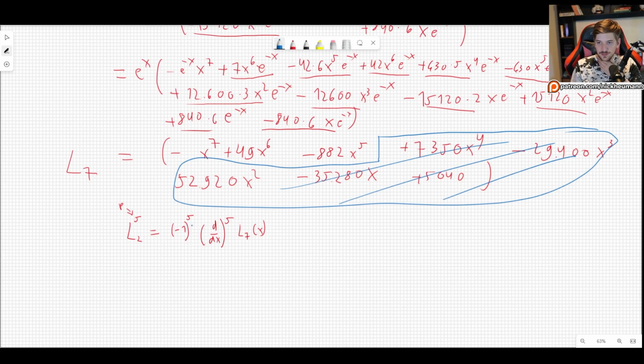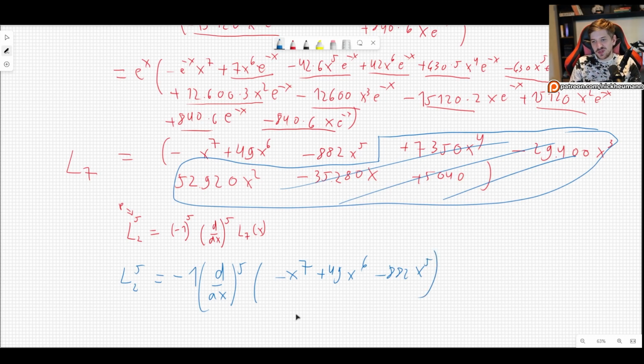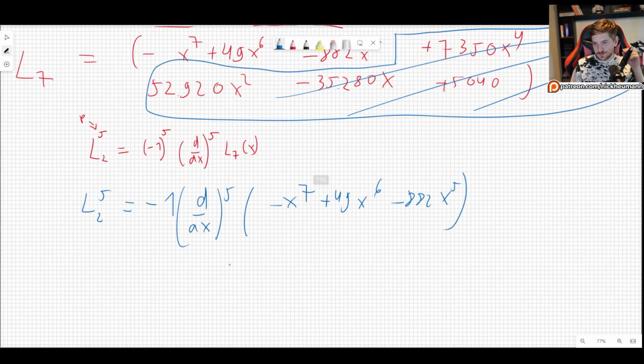So for our purposes, all that we care about are those first 3. So L to 5, this is minus 1, and then we want to take 5 derivatives of minus x to the 7th plus 49x to the 6th minus 882x to the 5th. And we don't care about anything else.